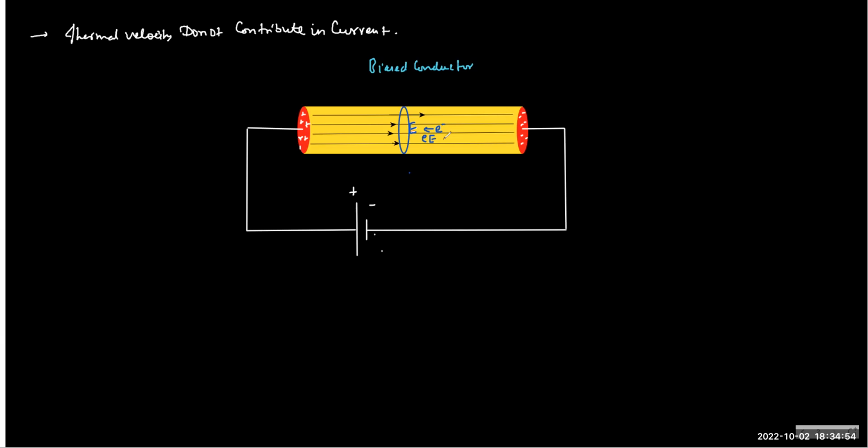So is current something real? It's just like velocity. We have a particle changing its position, and because the position is changing with time, we call it velocity. But what is more fundamental? Of course, I can say position is more fundamental than velocity.